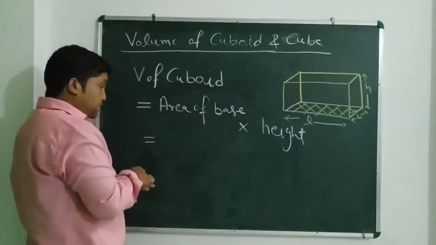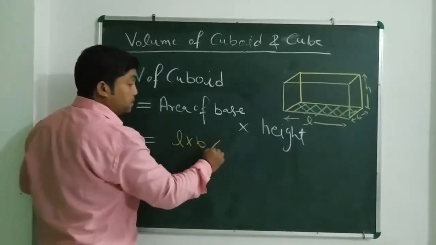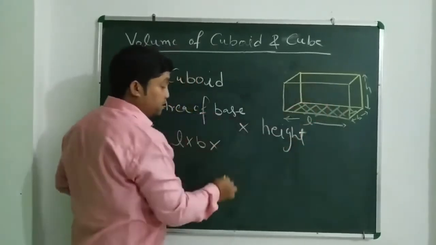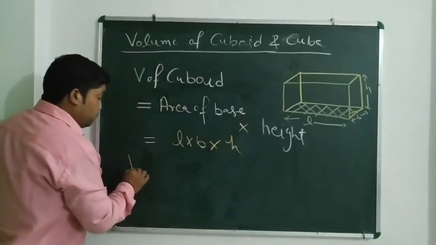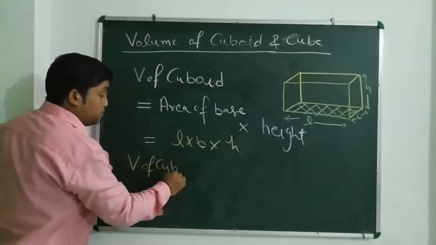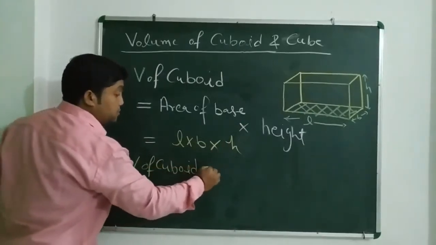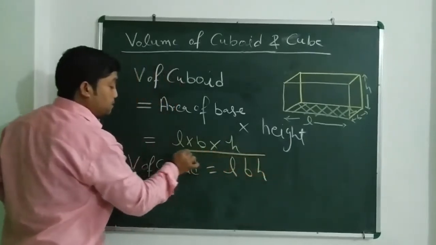So what is the area? Length into breadth, into the height, H. So generally, volume of cuboid is equal to length, breadth and height.